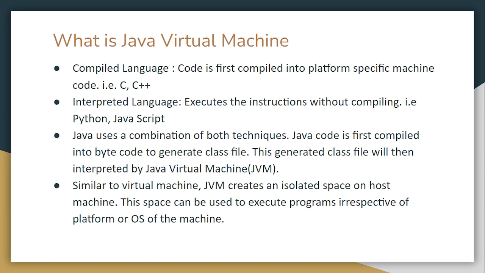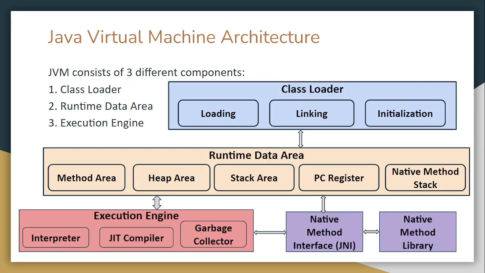This space can be used to execute programs irrespective of the platform or OS of the machine. So JVM consists of three different components: class loader, runtime data area, and execution engine. We will understand them in detail further.